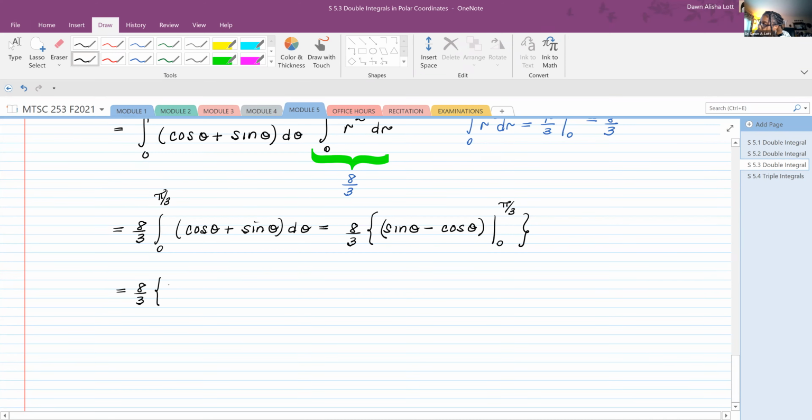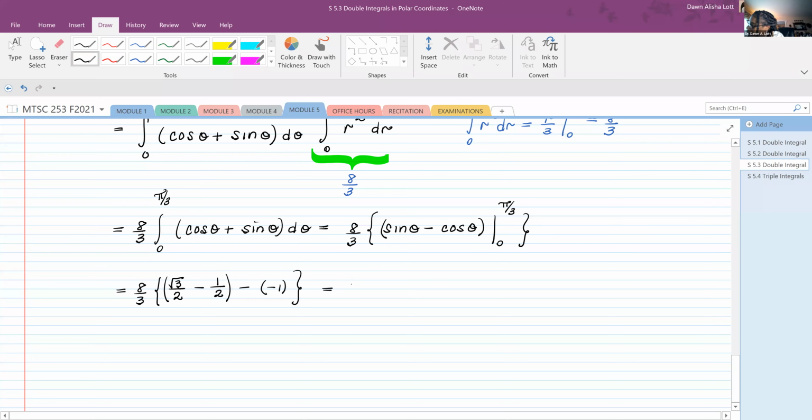Then I'm going to get the root of 3 over 2 minus 1/2, and that's the first piece. Then I have to put in 0. So I put in 0, I'm going to get -1. So I have -1/2 plus 1.